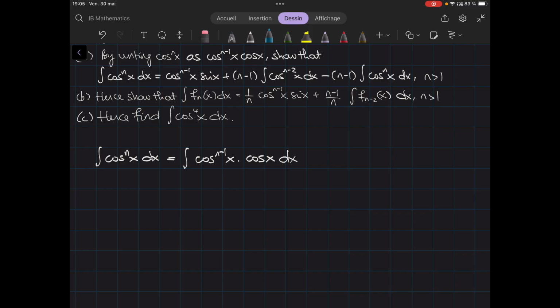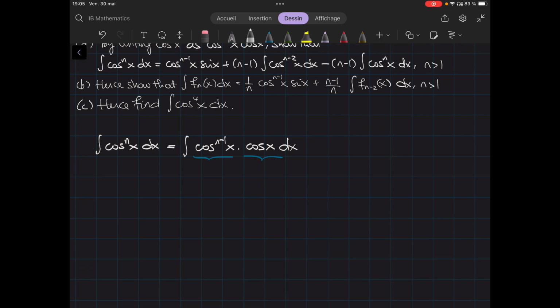Even without having heard of the term reduction formula, the fact that you have two functions multiplied together is usually a cue that you should use integration by parts. We know that u sub would not work because cos of x is not a derivative of cos to the n minus 1 of x. So u sub is not an option.